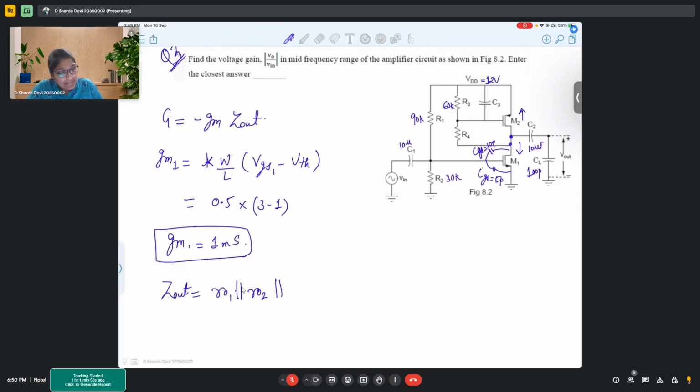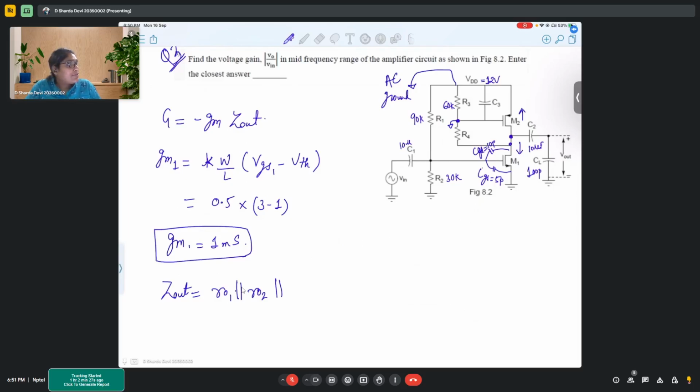Now, there is another resistor, this R4 resistor, which is also connected, correct? And at this particular gate, it is AC grounded. This is also AC ground. And this particular node where the gate is, that is also AC ground because we consider that there is no AC going there.